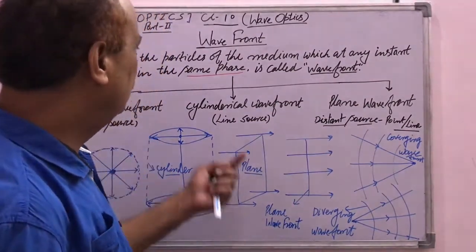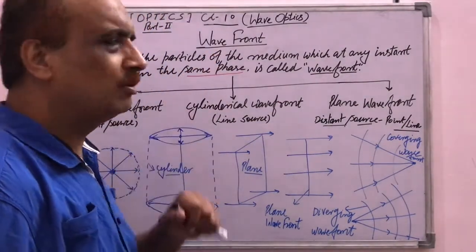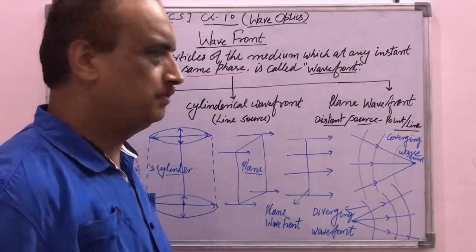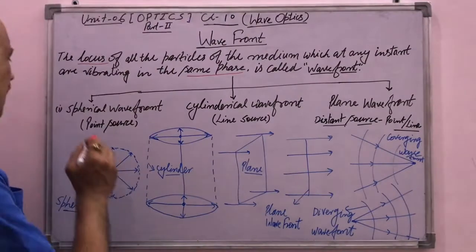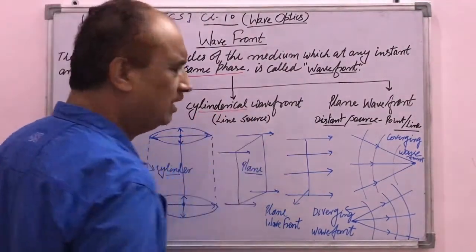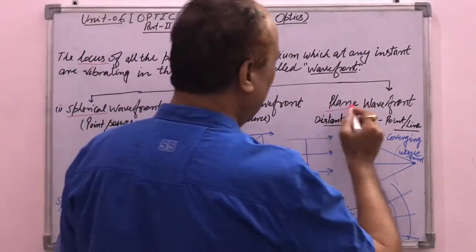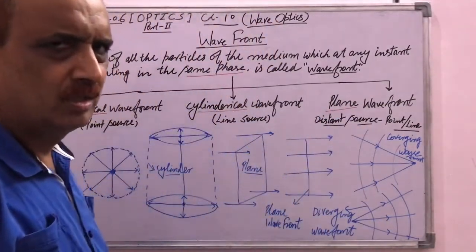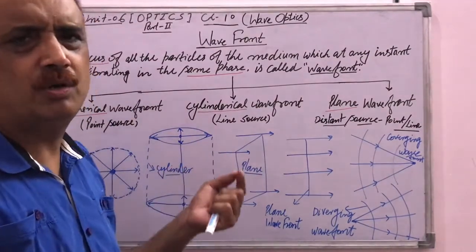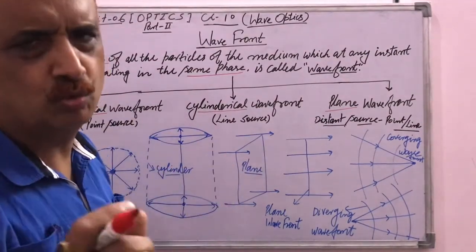After that we have to discuss the types of wavefront. Now wavefronts are of three types. Number one, spherical wavefront, number two, cylindrical wavefront, and number three, plane wavefront. Spherical wavefront means the wavefront which is originated from a point source.